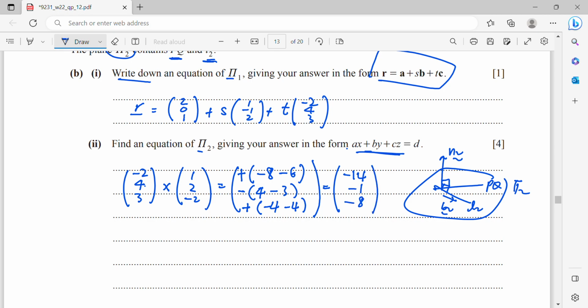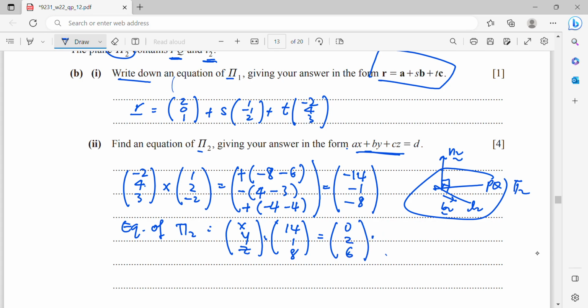So from here, I will say that the equation of pi 2 will be x, y, z dot 14, 1, 8 equals the point. I will say that the point is 0, 2, 6, which is a point on L2, dot 14, 1, 8.